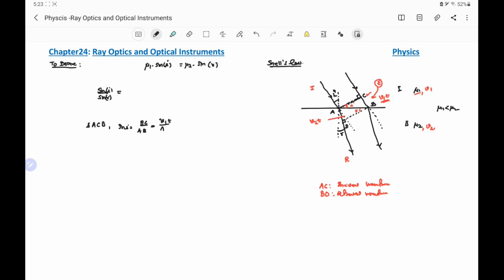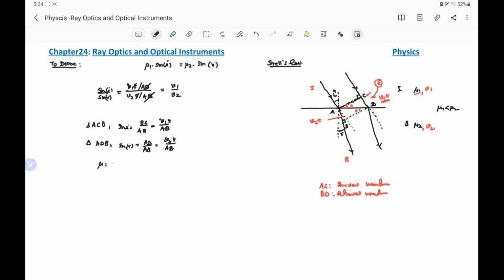So it is v1 t by AB. Similarly, in triangle ADB, sin R, that is the angle of refraction, will be perpendicular AD divided by AB, and AD is v2 t divided by AB. So we substitute the values: v1 t by AB divided by v2 t by AB. AB and AB get cancelled, and t also gets cancelled. So the remaining is v1 by v2.